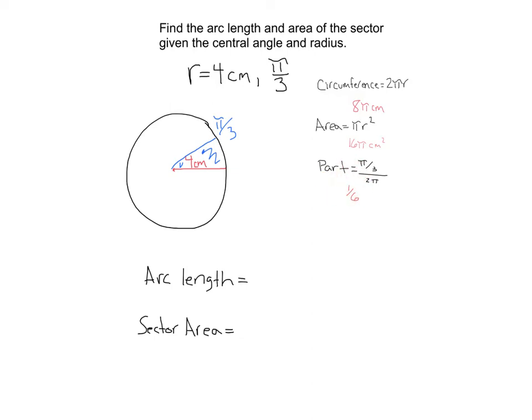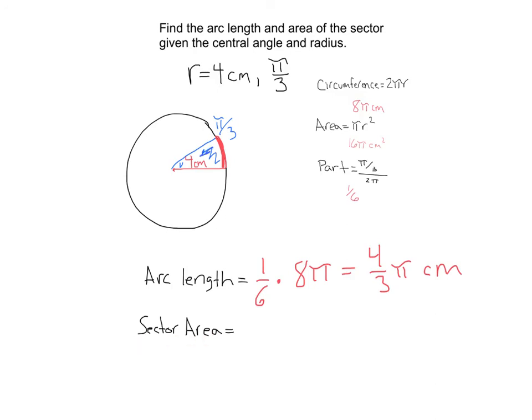So if we want to find the arc length, that's going to be this arc right here. Well, we know this arc is 1/6 of the circumference. So we can just do 1/6 times 8 pi, which is going to give us 8/6 pi, or we can simplify that to 4/3 pi centimeters. Next, we want to find the area of the sector.